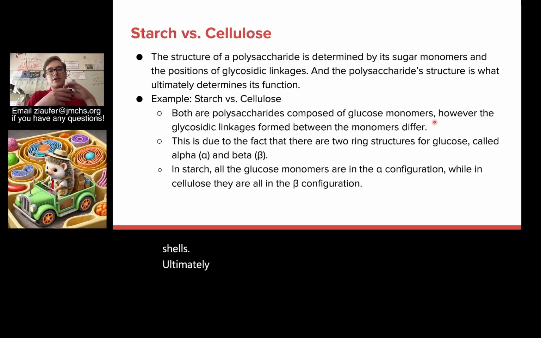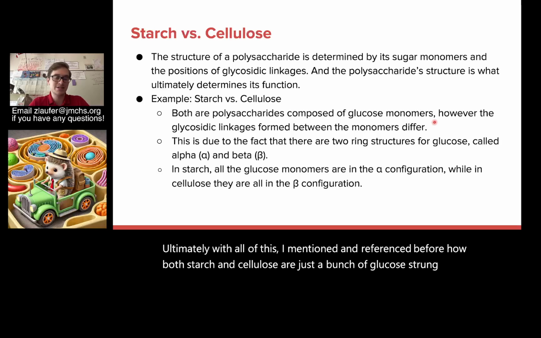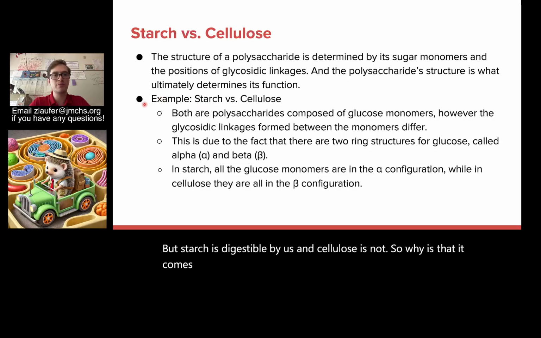Ultimately, with all of this, I mentioned and referenced before how both starch and cellulose are just a bunch of glucose strung together. But starch is digestible by us, and cellulose is not. So why is that? It comes down to the bonds in between the monomers, the glycosidic linkages.